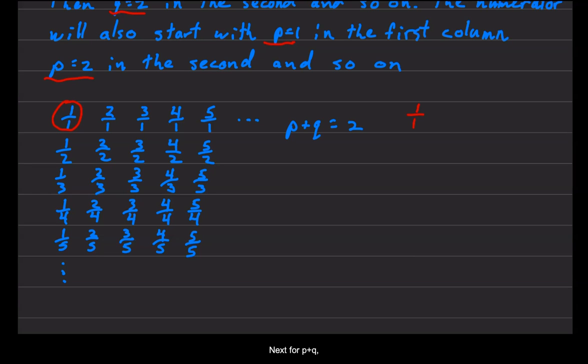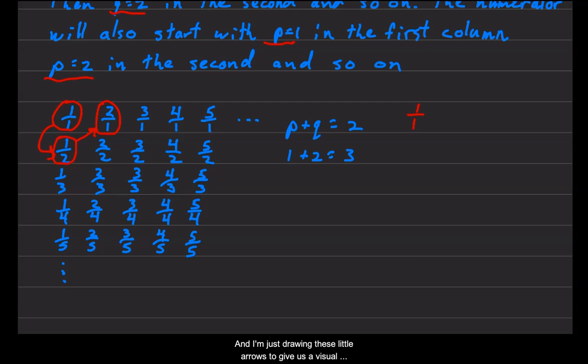Next, for P plus Q, going down from here to here, we get P is equal to 1, and Q is equal to 2, so that is term number 3, and that is this term and this term, because the sum of each one of those is 3.